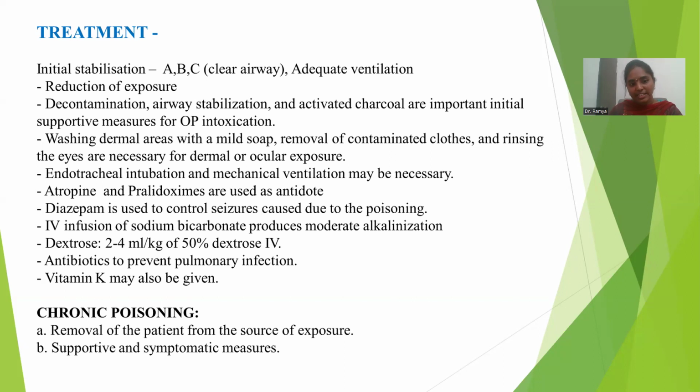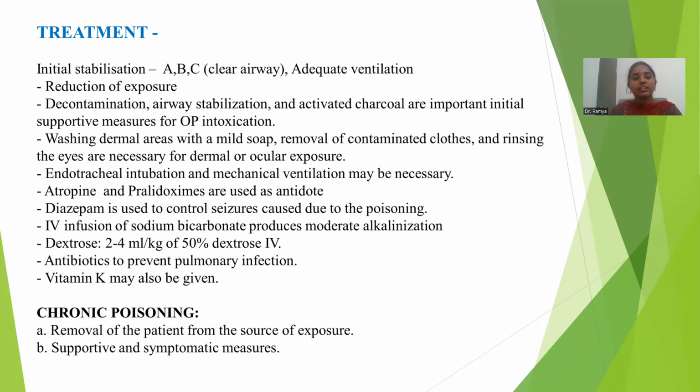Diazepam is used to control seizures and CNS related effects. IV infusion of sodium bicarbonate produces moderate alkalization. Next, dextrose 2 to 4 ml per kg of 50% dextrose is given. If there are any infections, mainly to prevent pulmonary infections, antibiotics are given. Finally, vitamin K may also be given if needed.